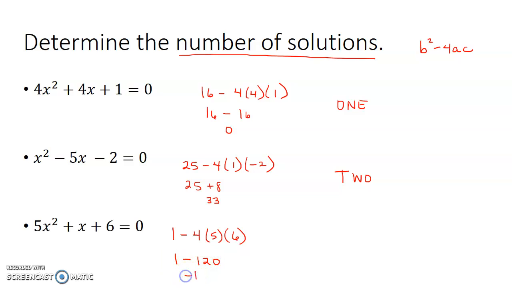That'll give me negative 119. That's a negative. I can't take the square root of a negative 119. So this means that there are no real roots. There's no real value that I can plug in for x here that will make this work.